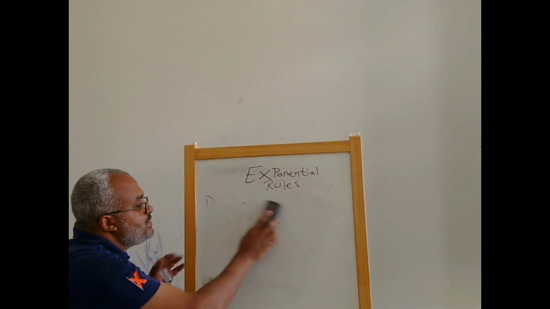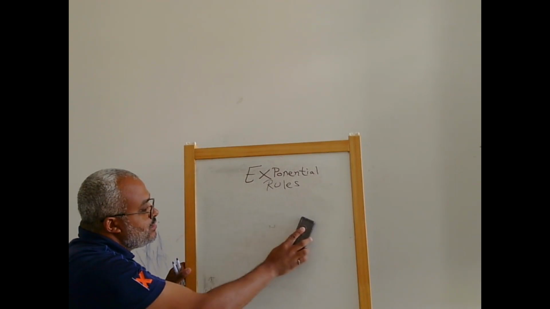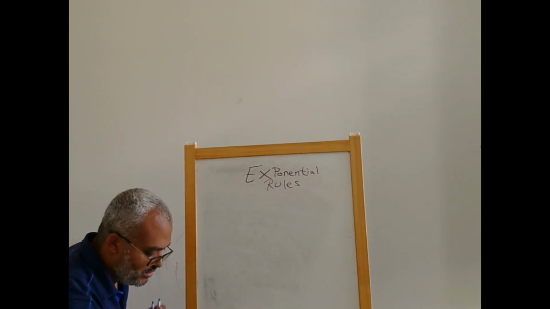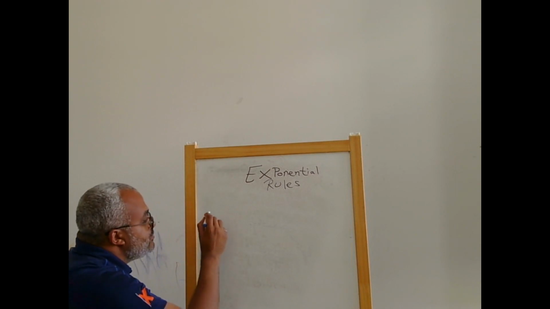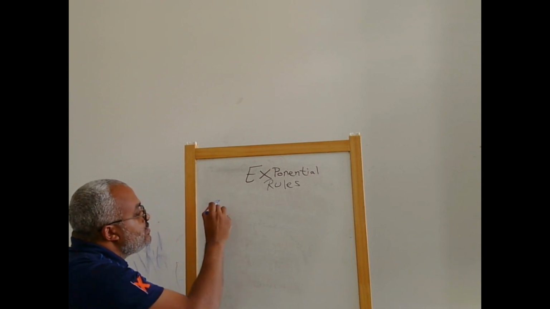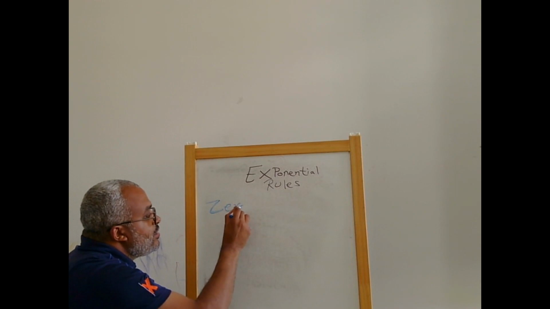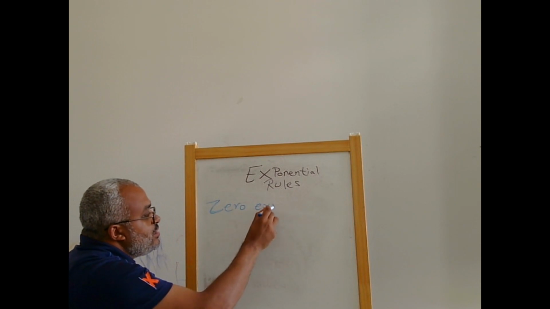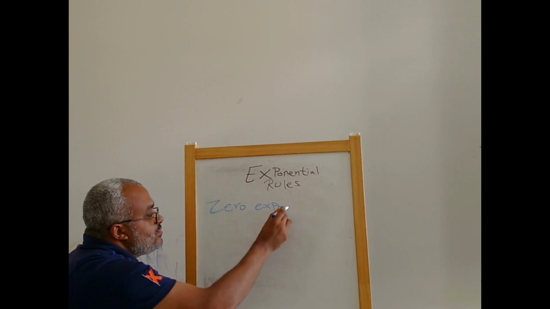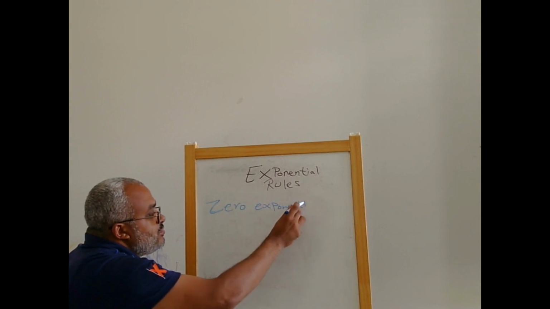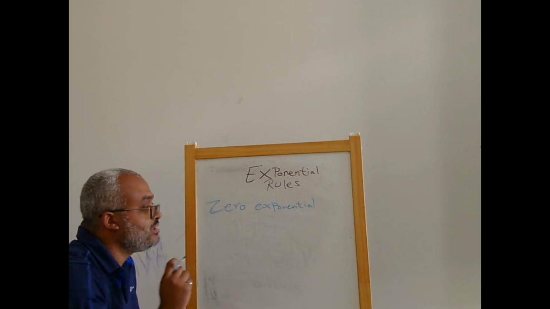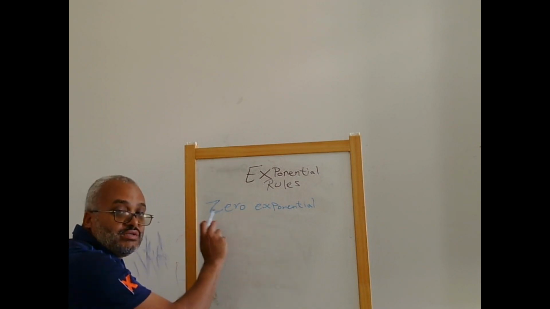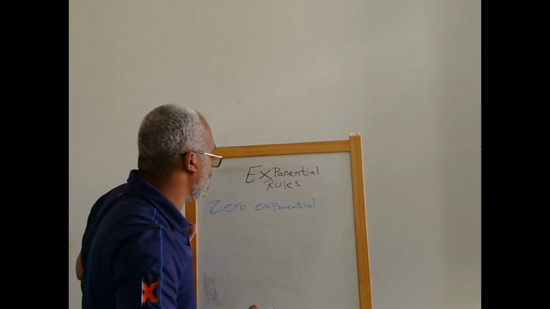The other rule that we're going to discuss is called zero exponential. What does this mean? We know exponential means exponent. So I have an exponent of 0. That's right.